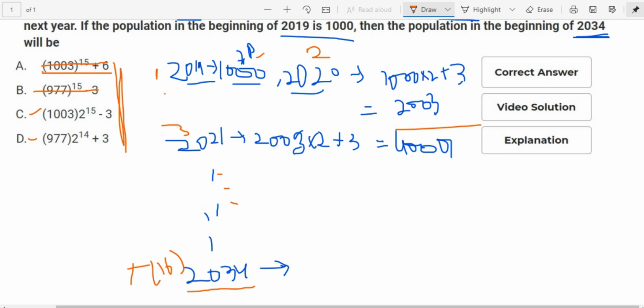So let's calculate this. Why am I saying this? Because here it is something to the power 2, into 2 to the power 15, minus 3.